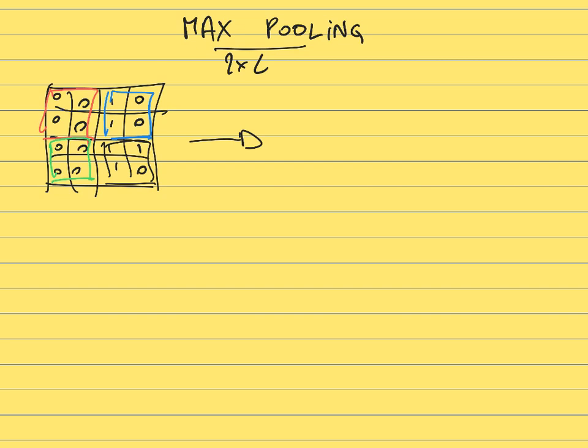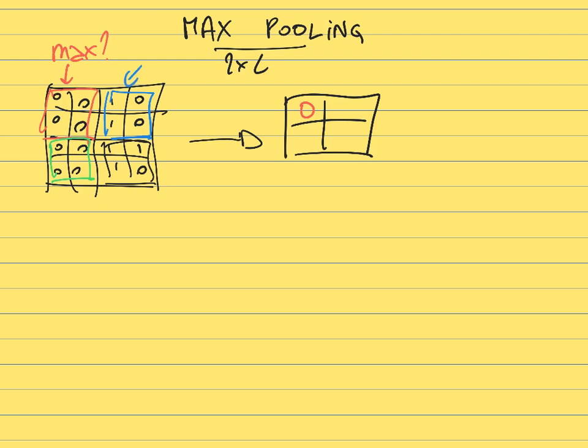And then the simple thing that you will do is that for each of those quadrants, you will look at what is the max value of the pixels within those groups. For example, for the red position, the pixels are all equal to 0, so the maximum is 0.